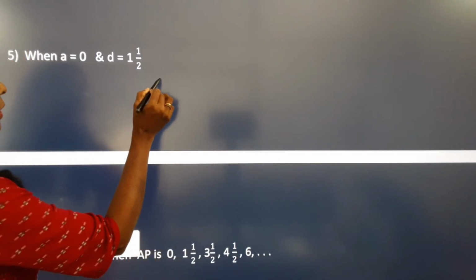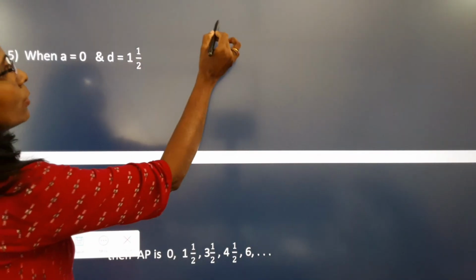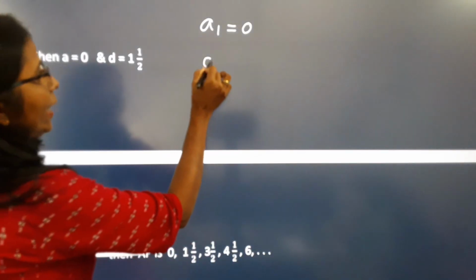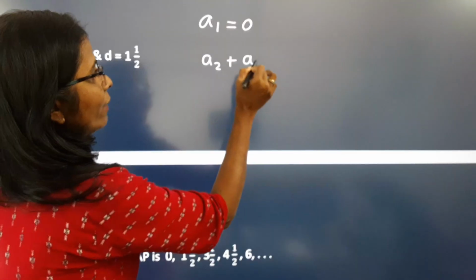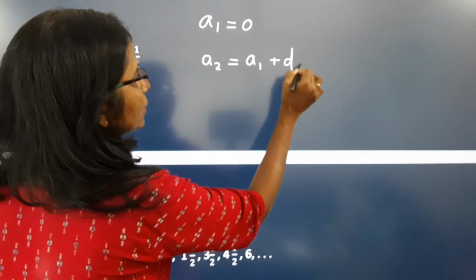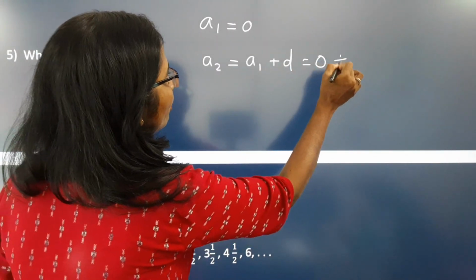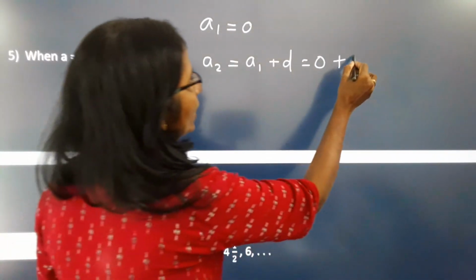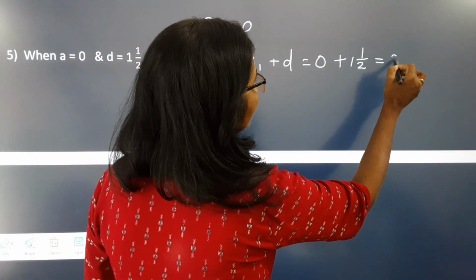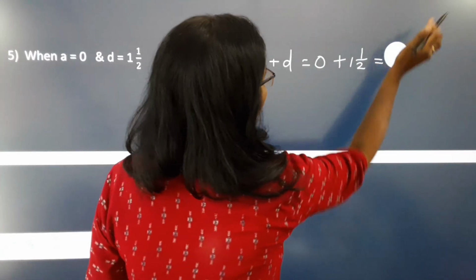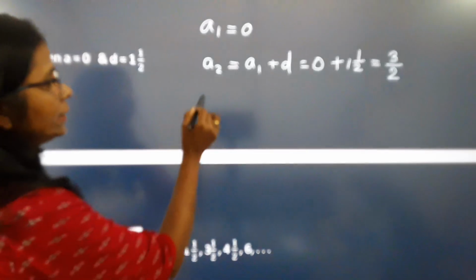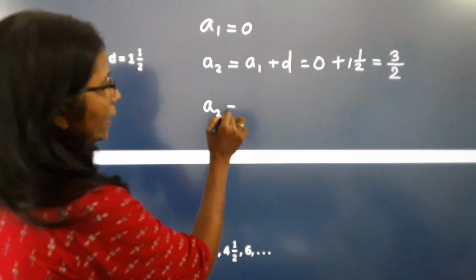Now A1 is equal to 0, A2 is equal to A1 plus D. That means 0 plus D. D is 1 integer 1 upon 2, that means 3 upon 2.